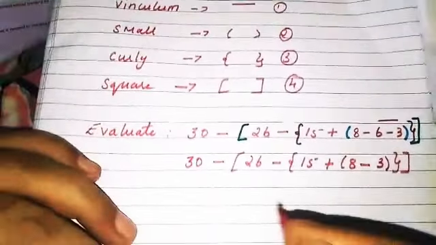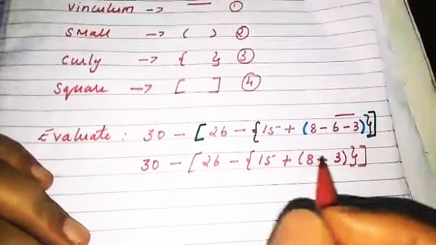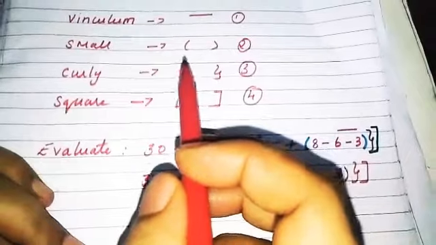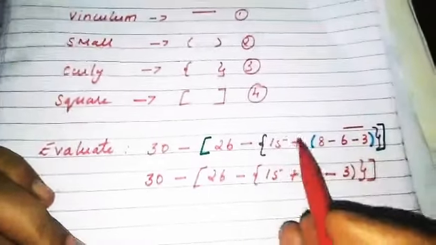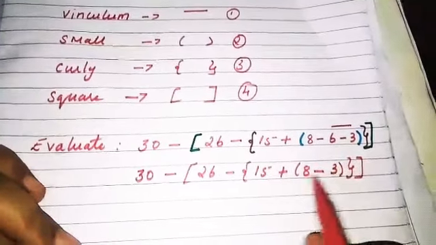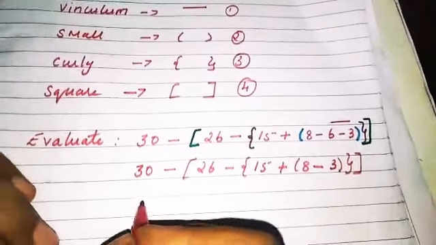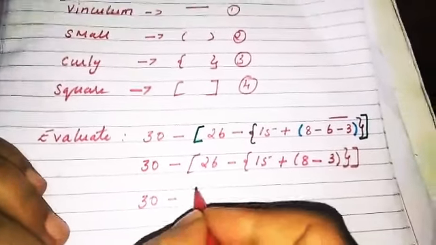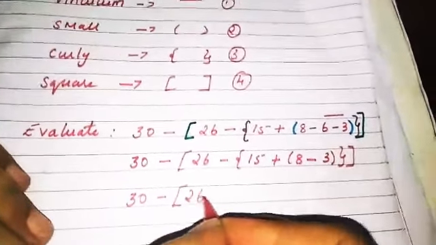the next thing is we have to simplify the second bracket, that is the small bracket, which is highlighted in blue. Here it is 8 minus 3. Before that, let's write down the equation as it is.